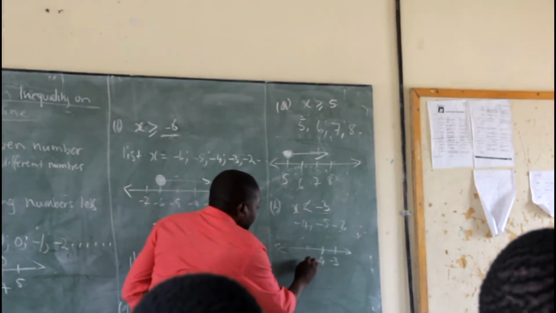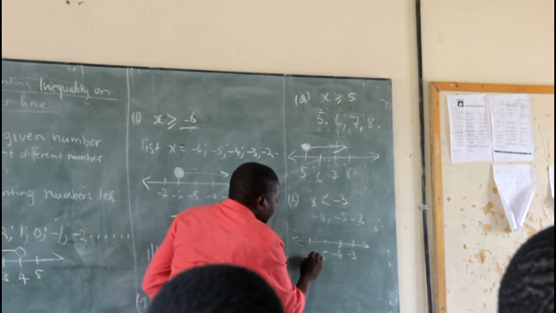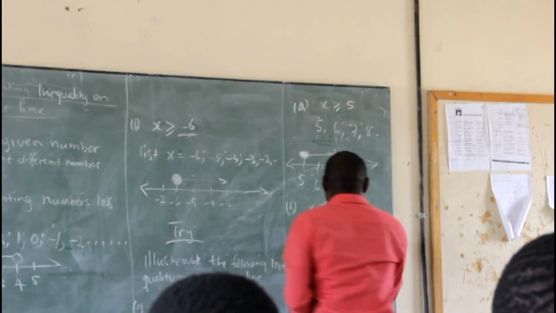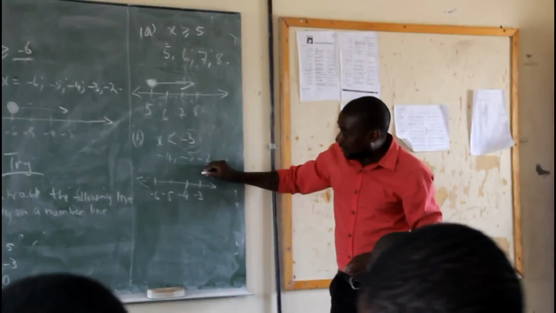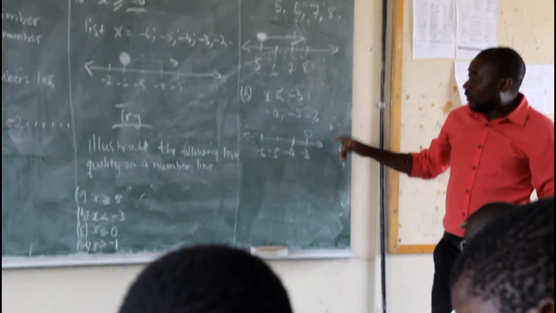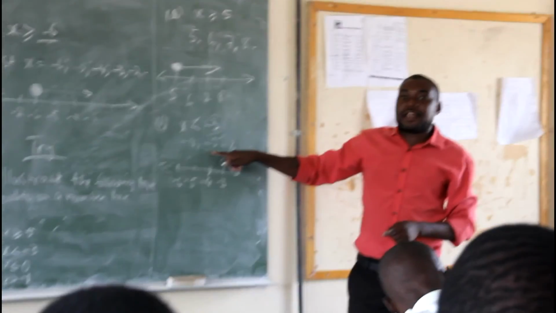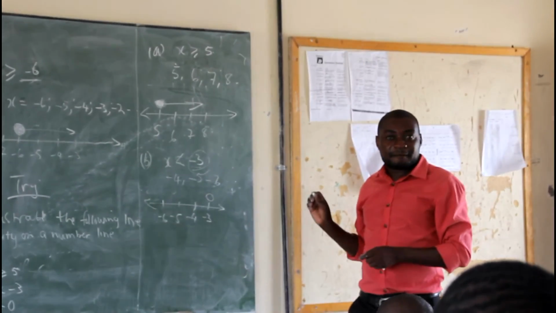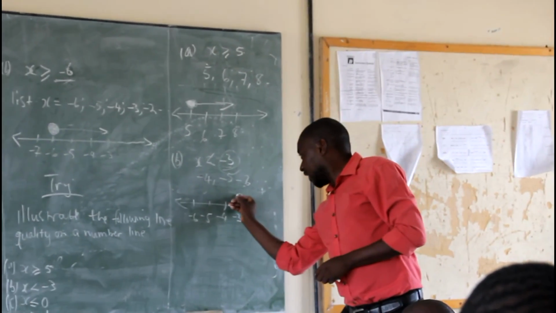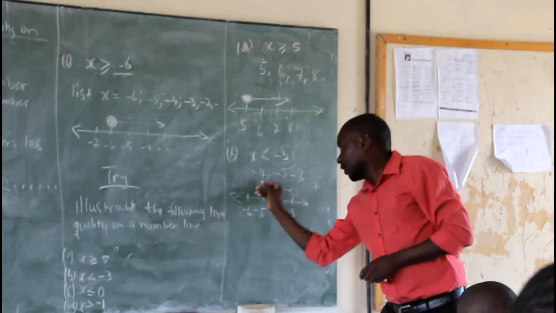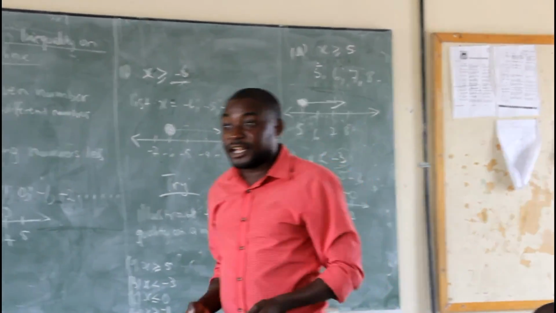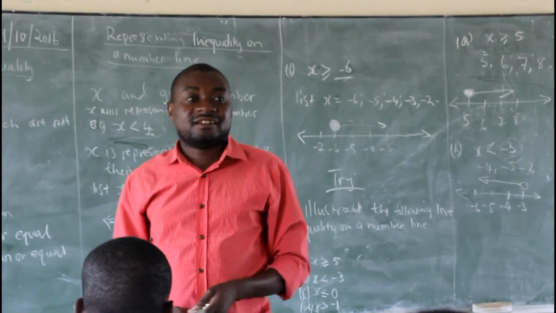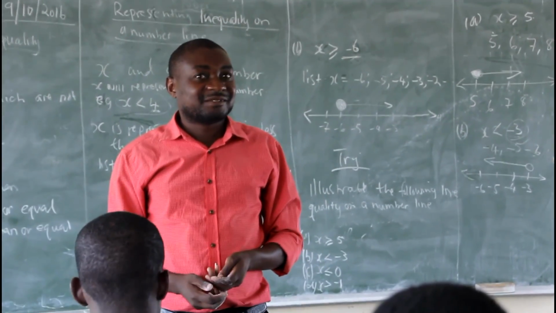This is negative 5. This is negative 6. Then you draw a circle above what? Negative 3. Now the direction where I can get negative 5, negative 6. Which direction? This side. Then you show us that from negative 3 you go to your left. This way you can find the numbers smaller than negative 3. Any question?